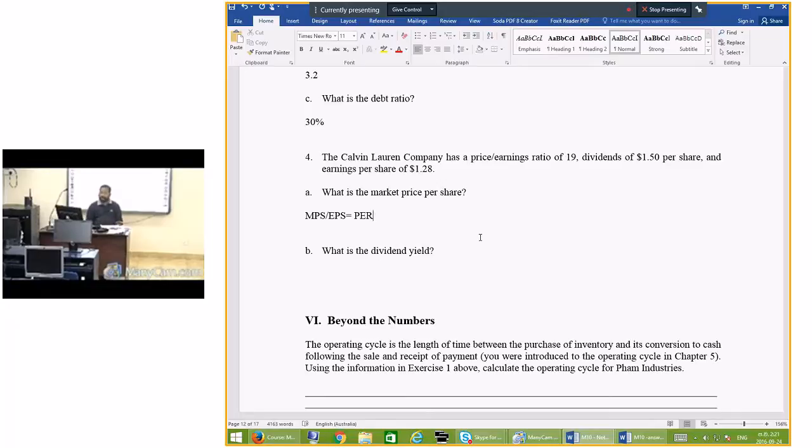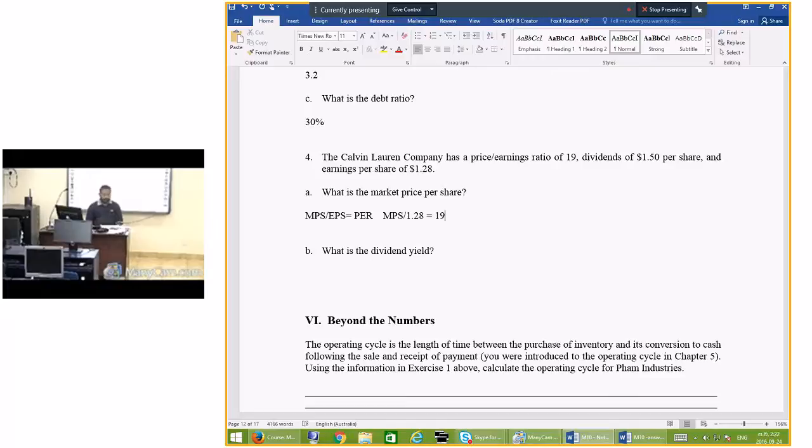Market price per share divided by earning per share is equal to PER. MPS we don't know, divided by EPS we know, 1.28, and also we know exactly PER is 19. Then we can find the market price per share.